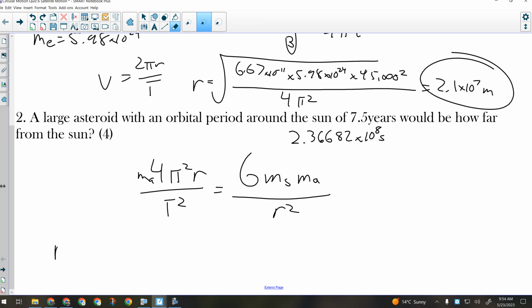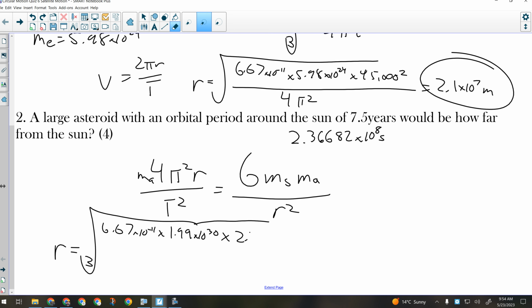We're going to have r equals the cube root of 6.67 times 10 to the minus 11 times 1.99 times 10 to the 30, times the period, which was 2.36682 times 10 to the 8 squared, divided by 4 pi squared.